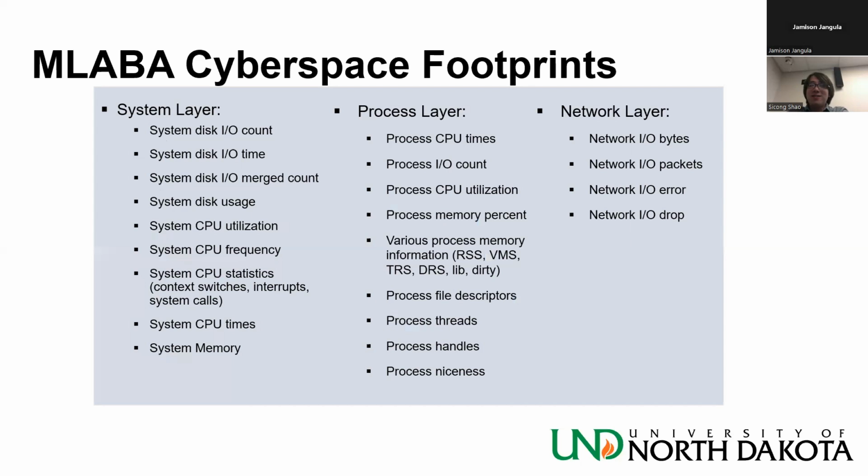As you can see here, in the system layer, we map the hardware and physical objects onto cyberspace through the system footprint that contains system-wide measurements, for example CPU times, disk usage statistics, CPU utilization, and memory information.